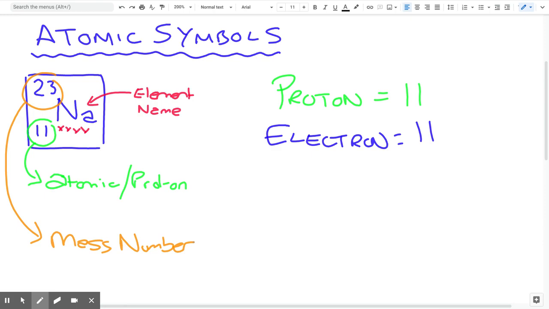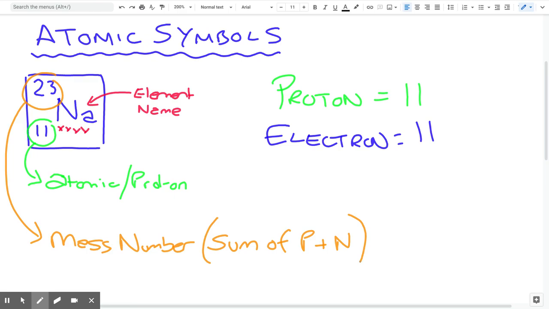And we suggested that the electrons were essentially massless compared to a proton and neutron. What this allows us to do, because of those relative masses, is identify that the mass number is the sum of the number of protons plus neutrons. So we take both of those species and add them together.